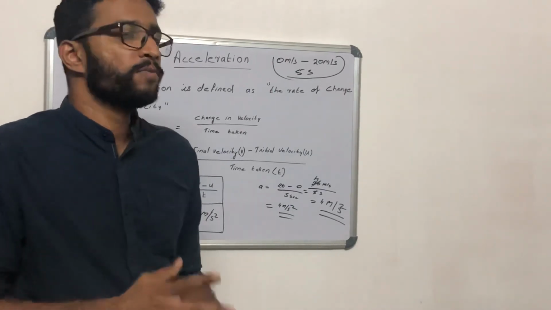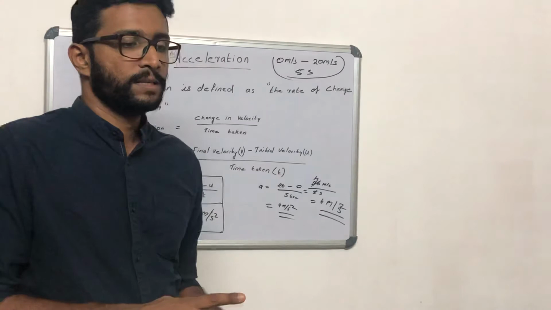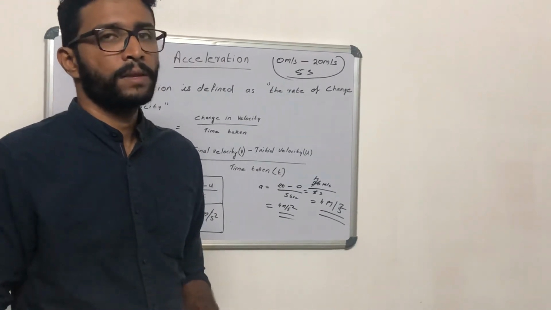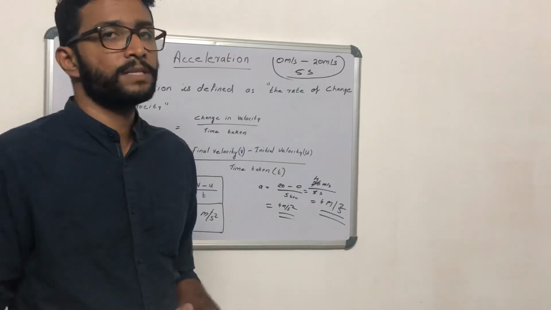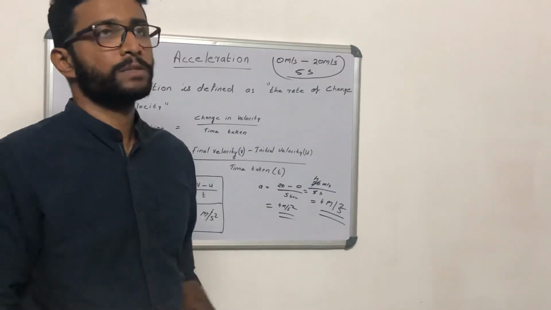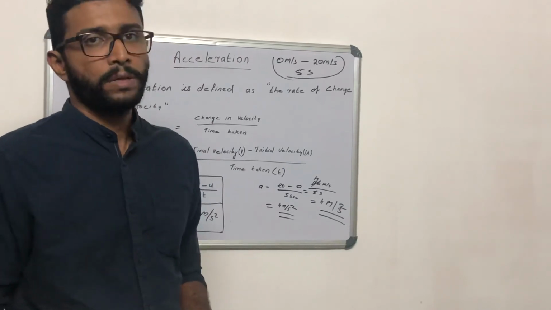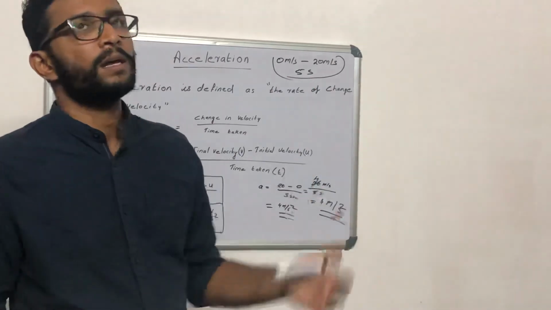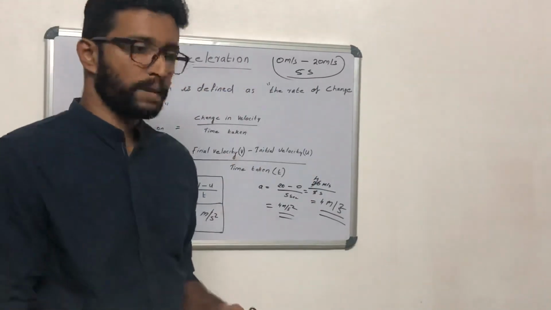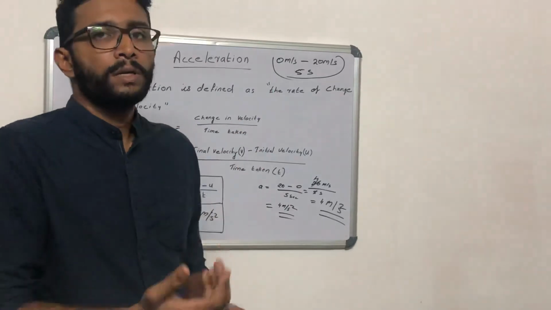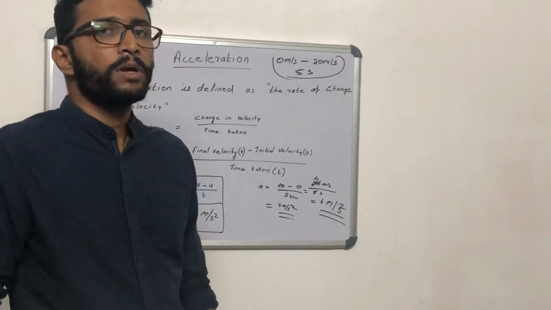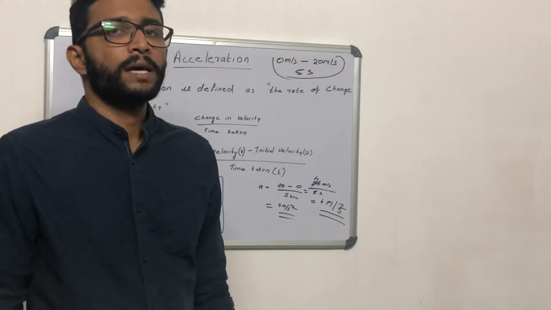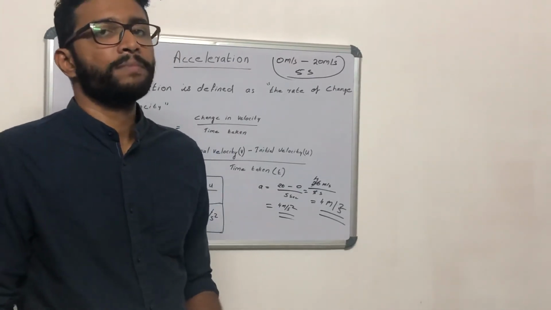In the same way, the change in velocity can also be negative, or we can say deceleration. When you throw an object towards the sky, we can see that after some time it stops at a point and comes back. So when it is moving upward, there is deceleration. Or if you are kicking a ball, the ball will roll for some time.